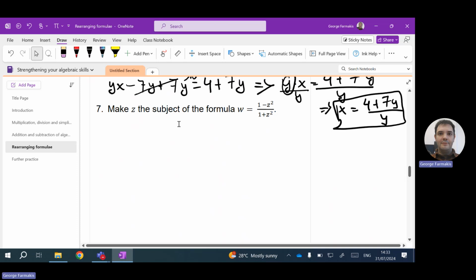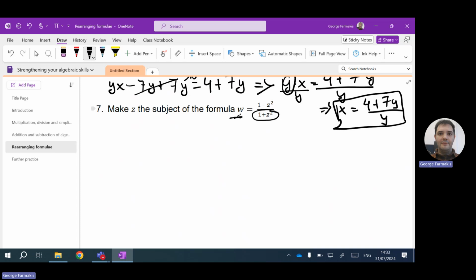Let's do example 7. So for 7, we have a formula for w. We want to rearrange the formula and make z the subject. This looks a little bit more intimidating, but again, first we want to get rid of the z here in the denominator. To get rid of the denominator, we multiply both sides of the equation by the denominator.